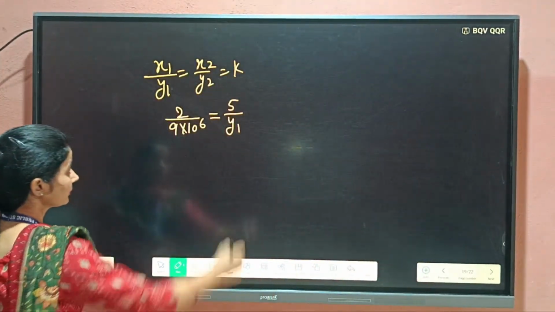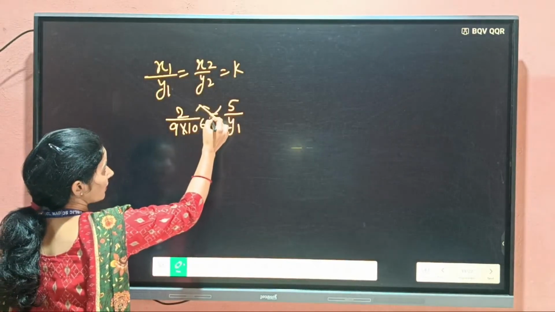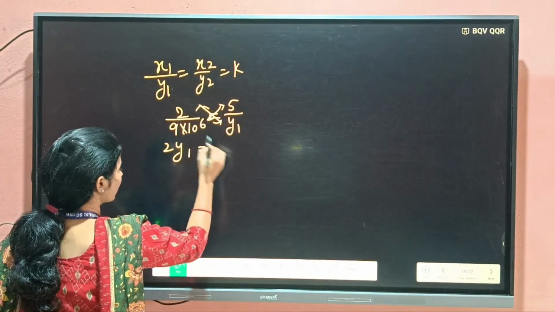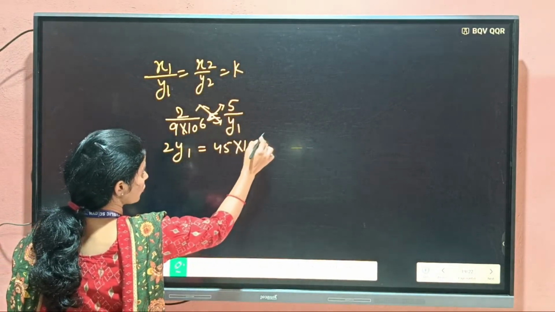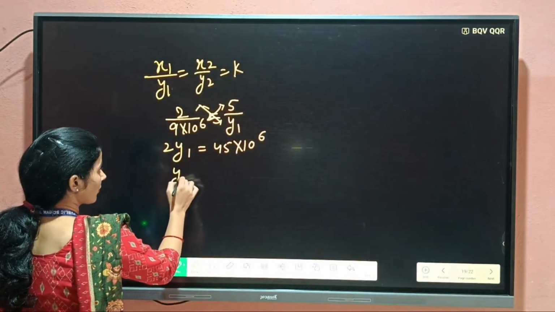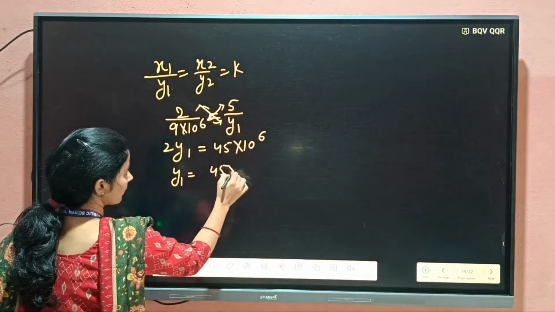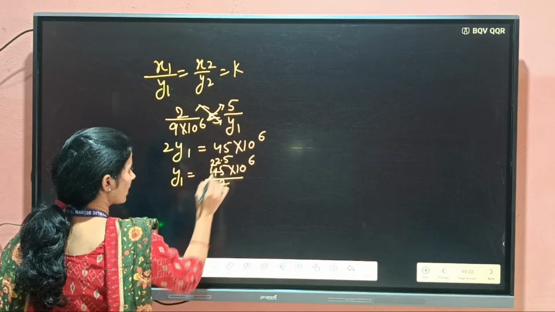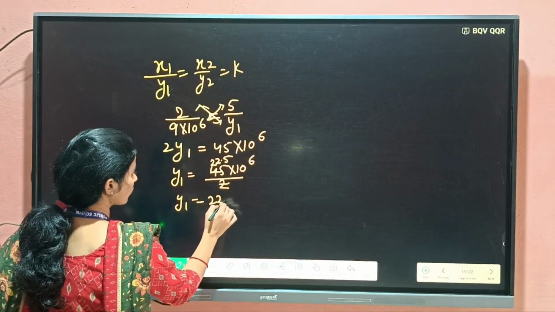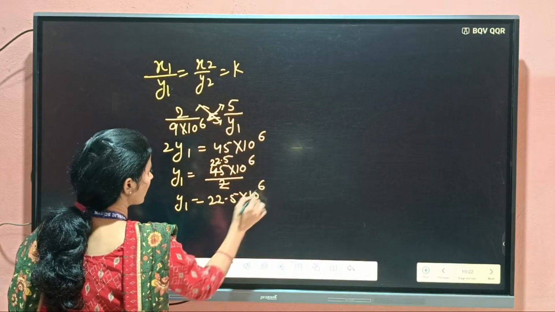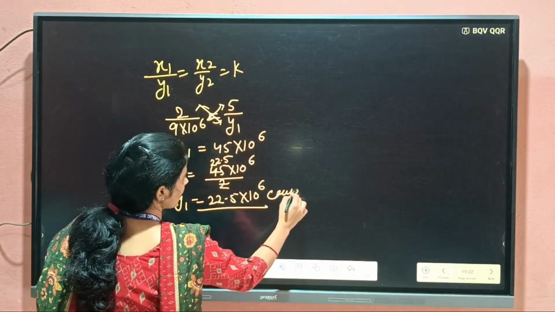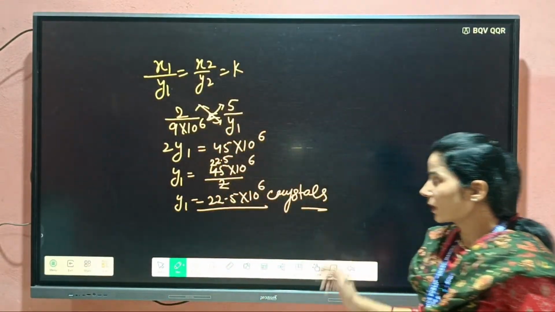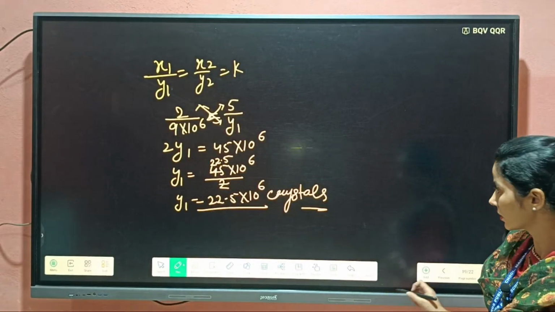Now solve for y1 using cross multiplication. It is 2 y1 equals 9 fives are 45 into 10 raised to power 6. y1 equals 45 into 10 raised to power 6 by 2. 2 twos are 4, 2 fives are 10. y1 is 22.5 into 10 raised to power 6 crystals.